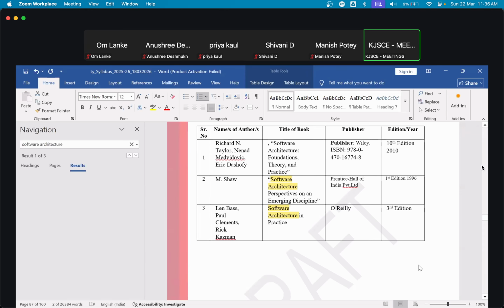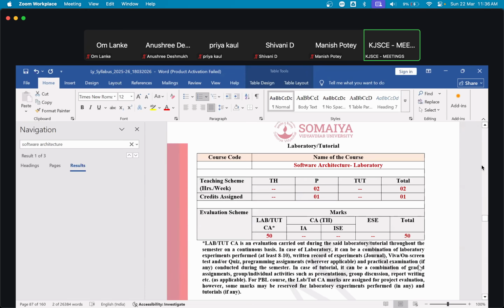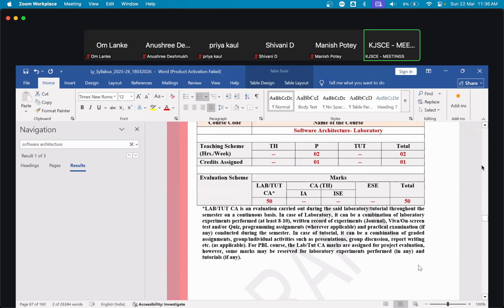Under the lab experimentation of this course, we will see what different styles are there. And there is one very well-known software that is freely available called Archimate. For the past 2 years, we have been making use of this Archimate software for designing purposes.